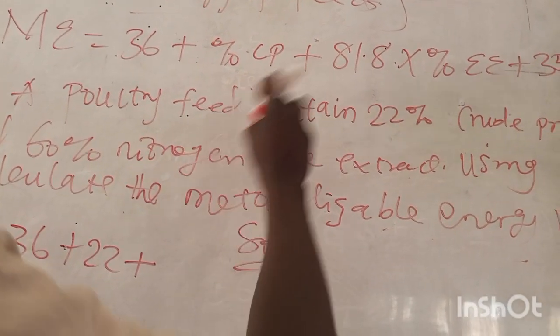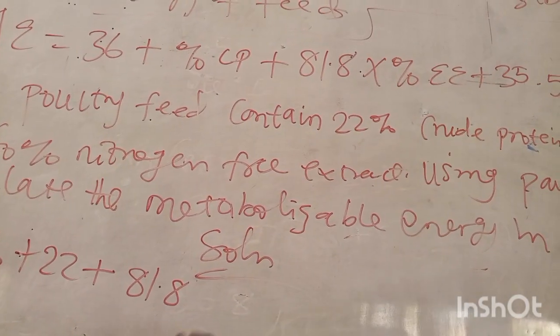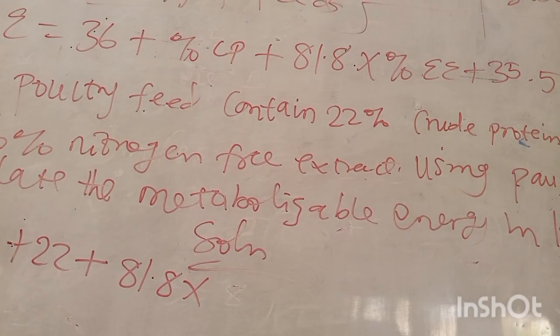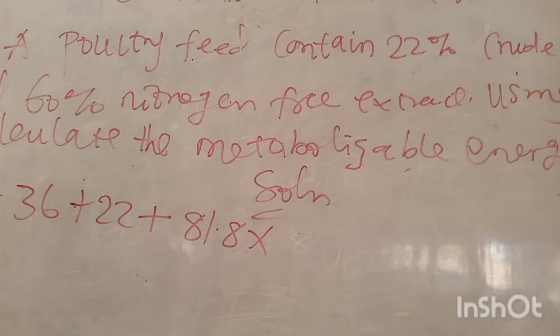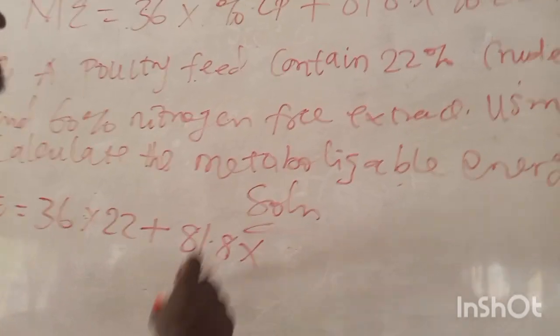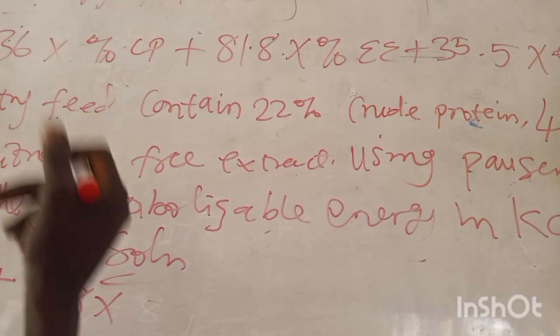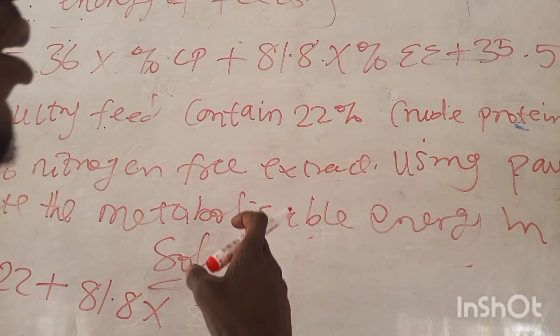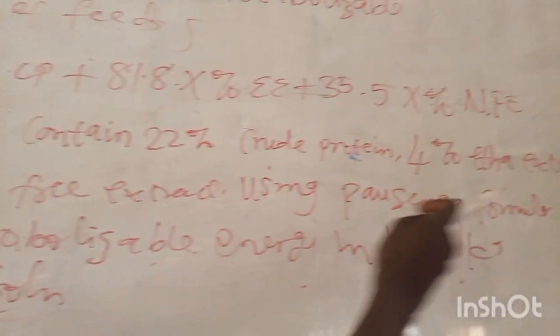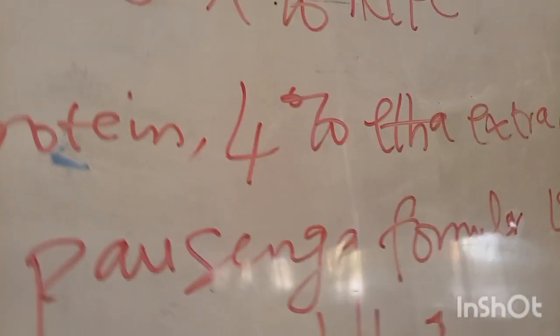Plus 81.8 times, this was supposed to be times there, sorry, 81.8 times percent of EE. And our ether extract is 4%, sorry, not 60.